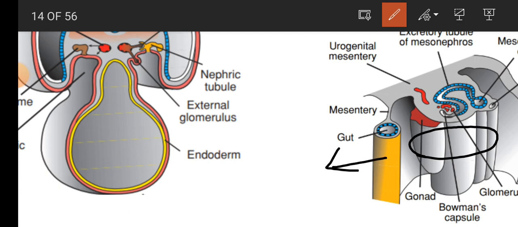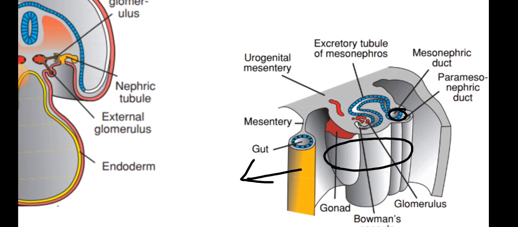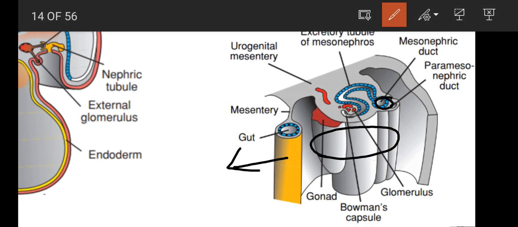This is the gut tube. This is a section projecting into the coelomic cavity. Now in the mesonephros, there is a duct which is seen here. This is the mesonephric duct. You can see this is the mesonephric duct.